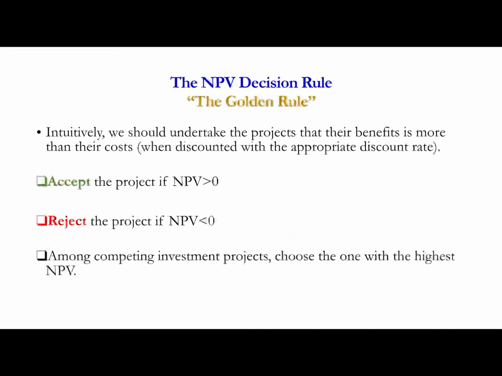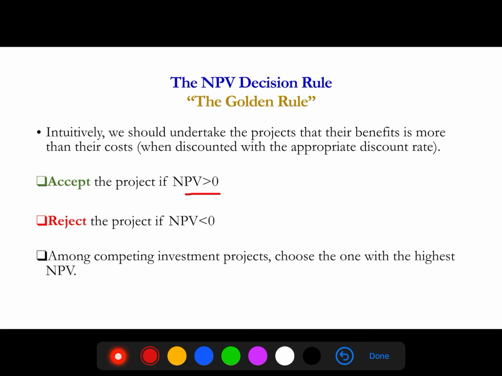We need to discount all those cash flows back to time zero so we can add or subtract those cash flows and evaluate the project. Once we do that, if the NPV is higher than zero, we are going to accept that project. This means that doing that project is going to increase the value of the company.